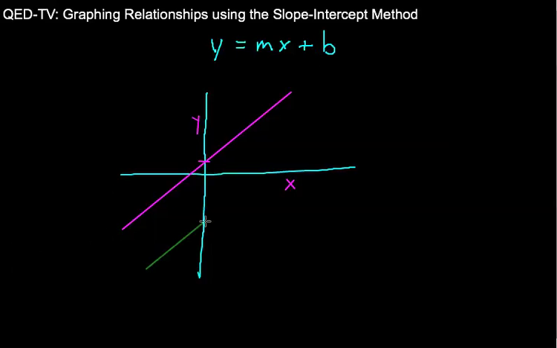If we had a graph that came down through here, then we still have a positive slope, but our y-intercept is a little further down, right here. If we have a graph that comes right through the center, something like that, then the y-intercept goes through the origin, and so it's just 0.